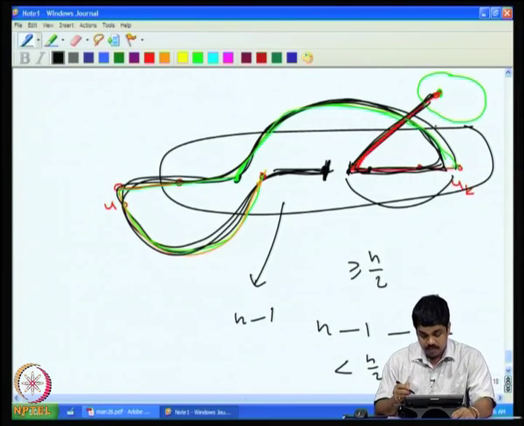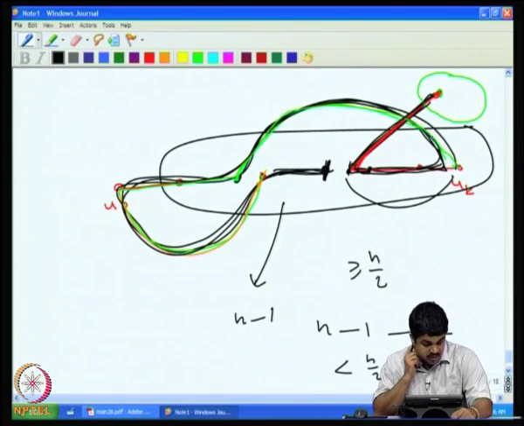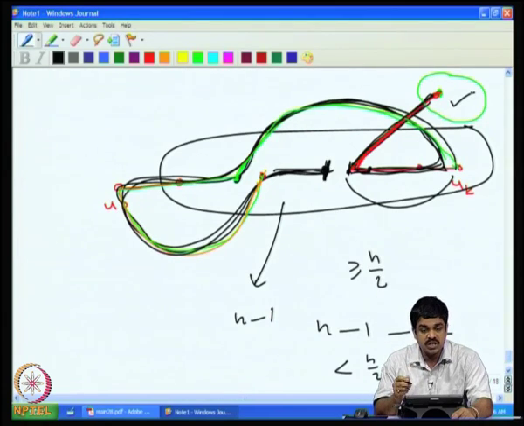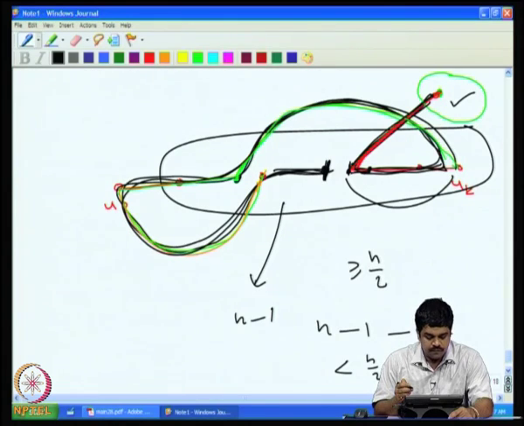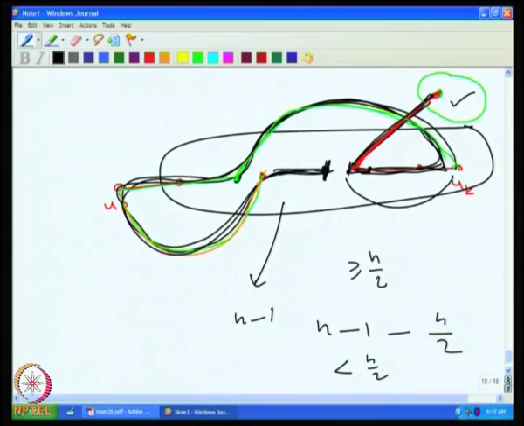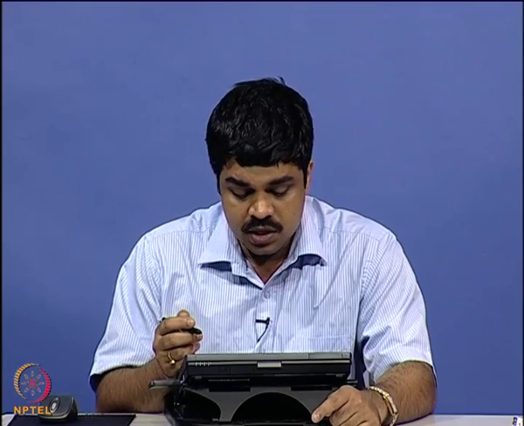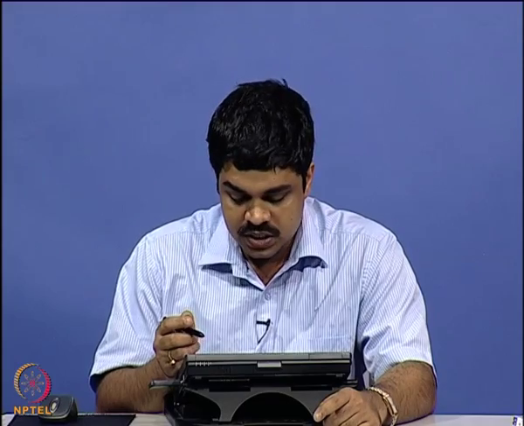So, this will be a longer path, because now it contains more vertices, u0 to UK and this vertex. So, the original path we considered was not the longest path. So, it is a contradiction. So, we can infer that if the minimum degree of the graph is greater than or equal to n by 2, then we should have a Hamiltonian cycle in the graph.